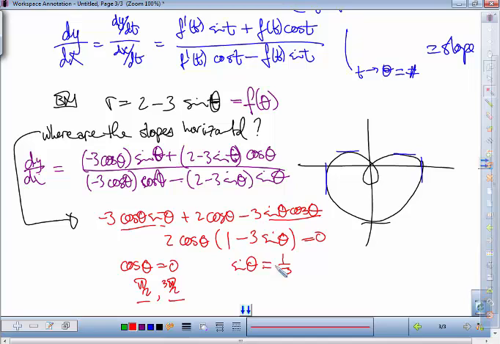And sine, I don't know if this is an actual easy number to look at, so what should we do about this one? I'll just take the sine inverse. So theta equals sine inverse of 1/3.